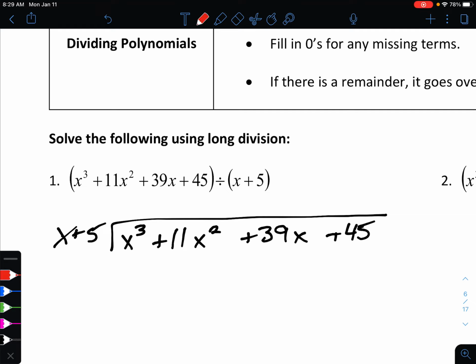What we're looking to do is focus on this first term. We're going to try to get that x to match up with this x cubed. Or you can think, what if you were to just take x cubed and divide by x? Well, that's x squared. So we're going to put x squared on top of our division bar.